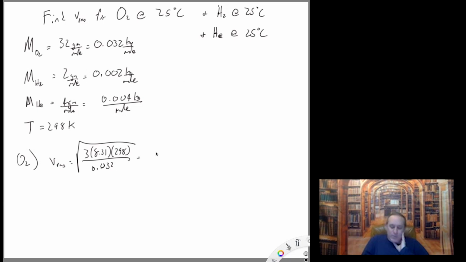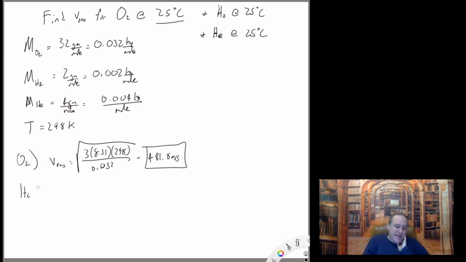We get 481.8 meters per second. So that is a pretty good ballpark estimate of the average speed of oxygen molecules in room temperature, 25 degrees C.